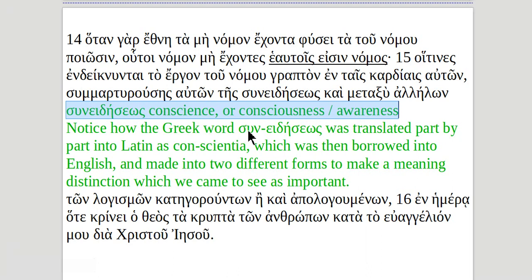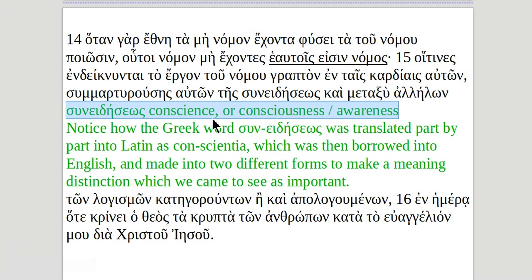The Greek word sunedesios was translated part by part into Latin as conscientia, which was then borrowed into English and made into two different forms to make a meaning distinction, which can be made in English, not in ancient Greek nor in Latin, but we've distinguished these two different forms because in our modern Western ethical view, conscience is quite a big thing.